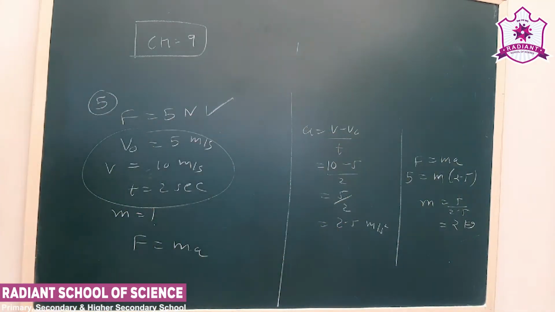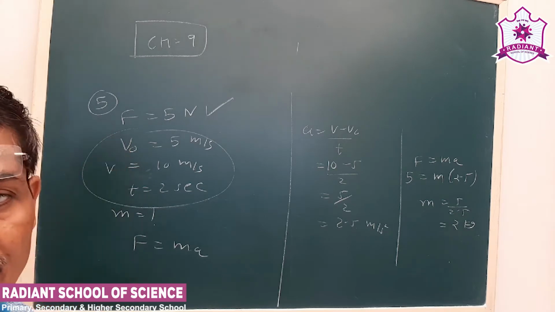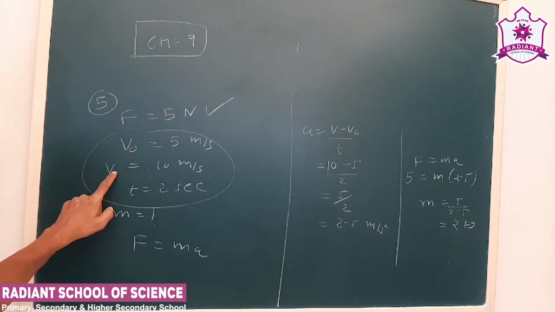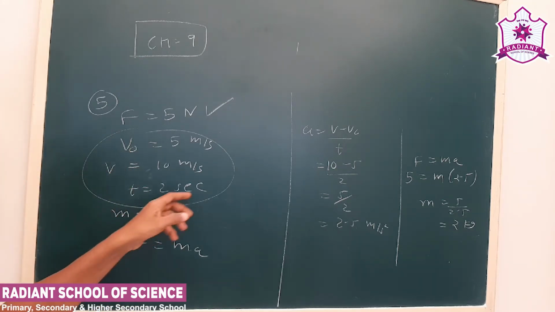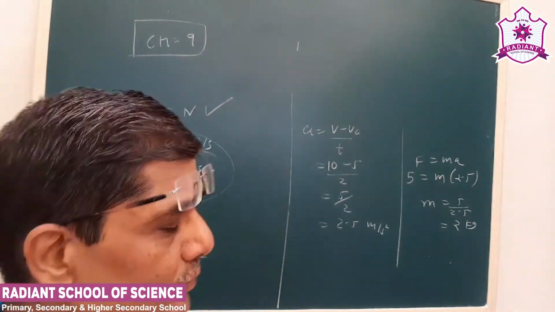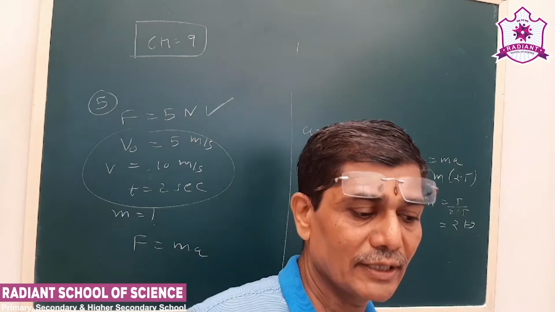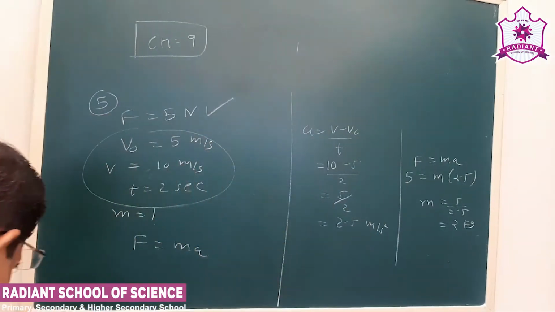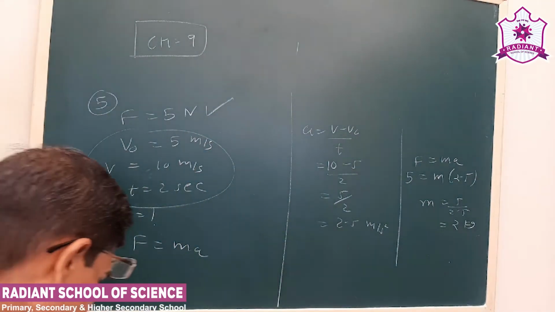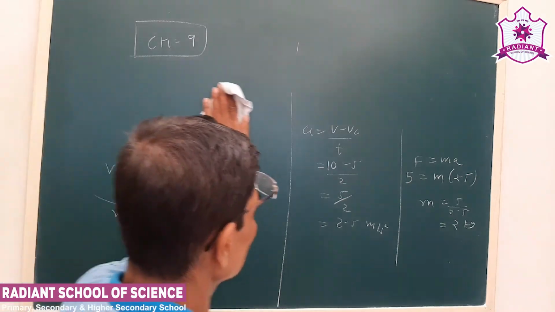So this is how we can calculate the mass. Here force is given, initial velocity is given, final velocity is given, time is given. So from the given data we have obtained the value of acceleration, and we have used the equation F is equal to ma. Now see the next MCQ.